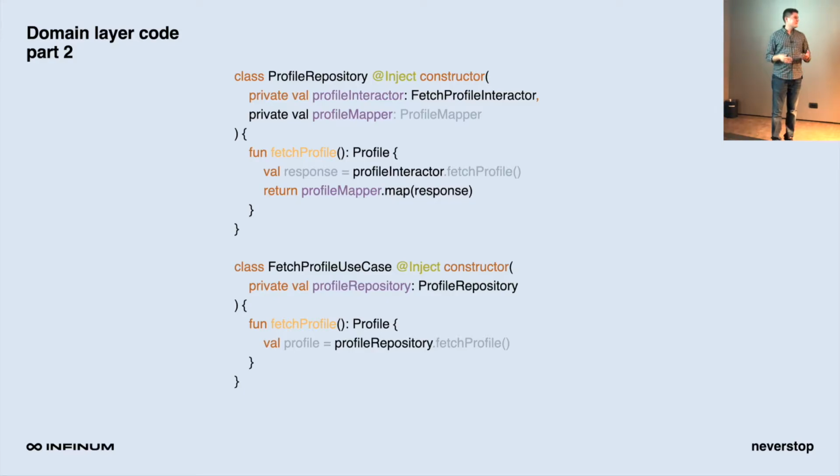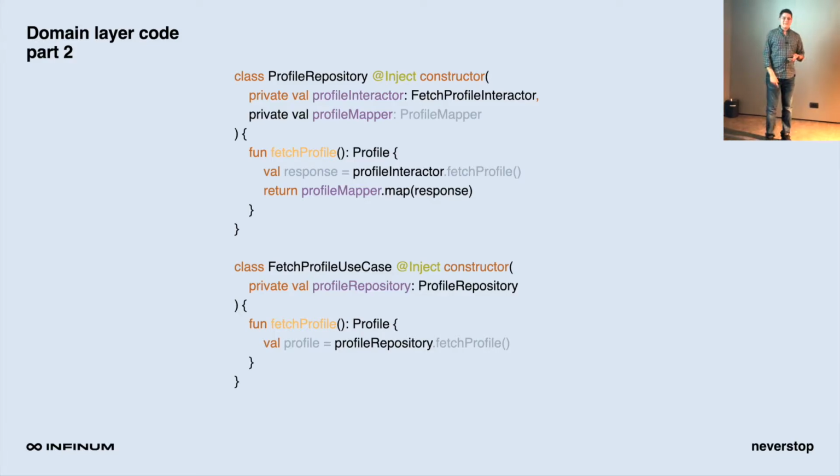And then to top it all off, and to make sure that the UI only gets domain objects, we make use cases. And use case actually uses the repository function to give me the domain object that I need. And you might want to ask me here, why did I make a use case when I can just use repository? It returns the domain object anyway. I just made another class just to fetch one thing.